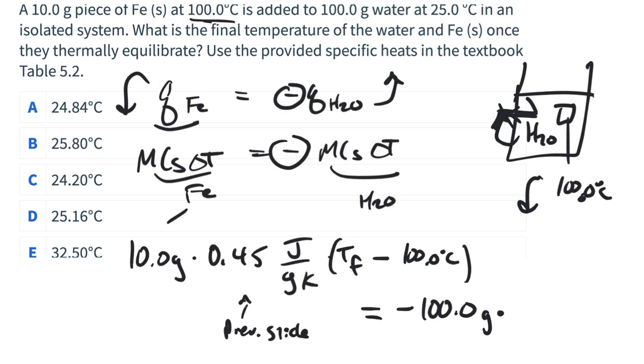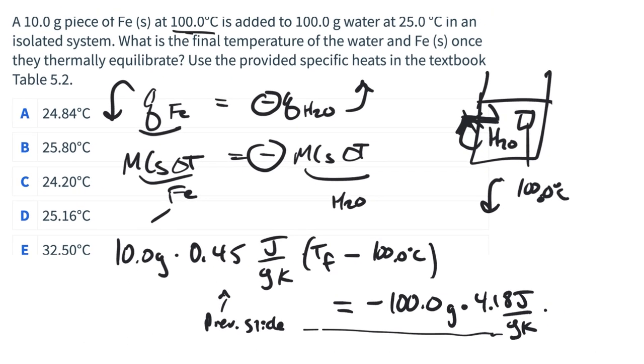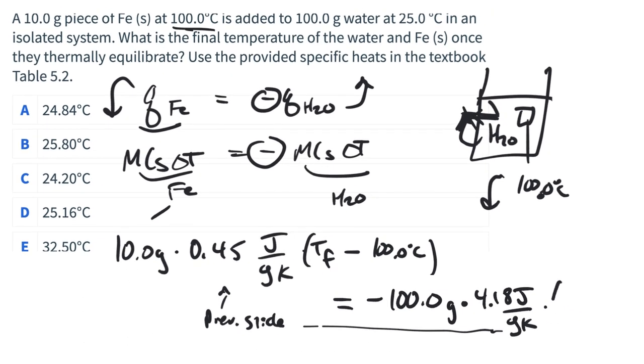That's 4.18 joules per gram Kelvin from the previous slide. So we're pulling that off the previous slide. And then our TF minus TI for water is TF minus 25.0, because water is initially at 25.0 degrees C.